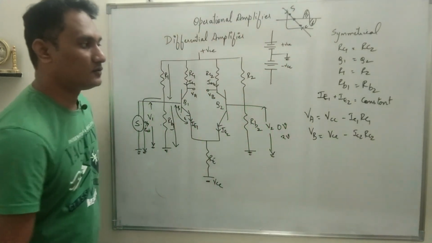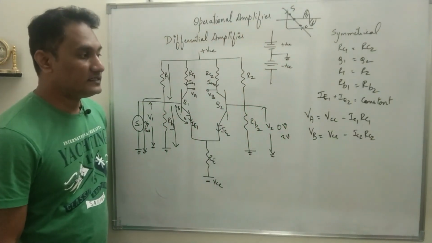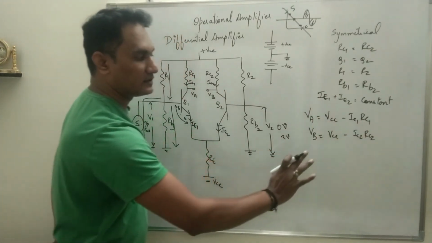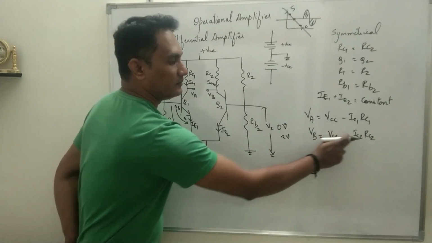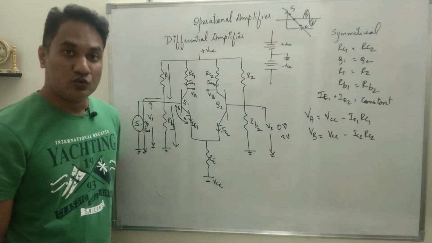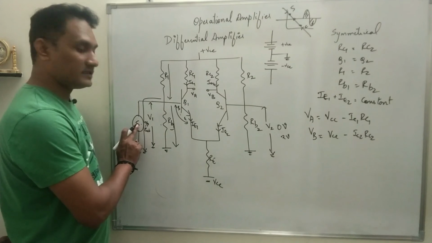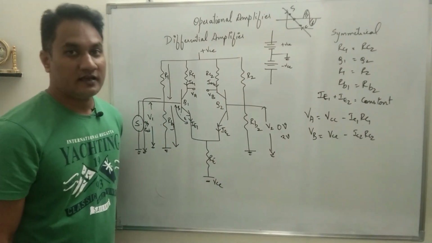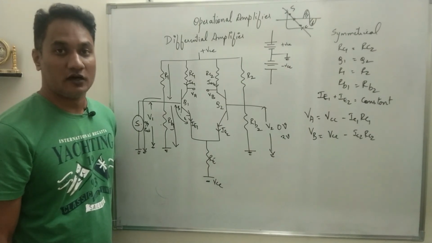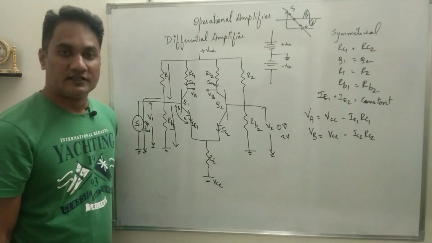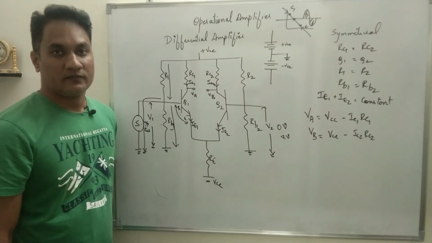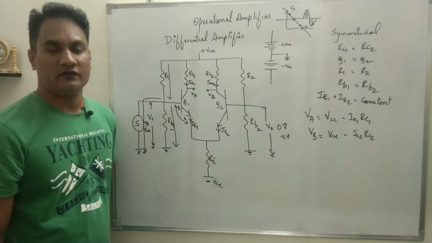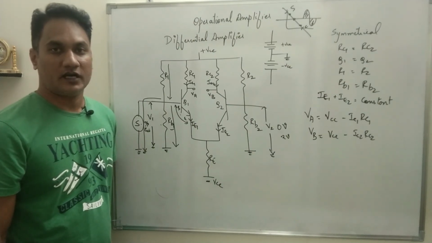In both equations, VCC, RC1 and RC2 are constant, so VA depends upon IC1 and VB depends upon IC2. When you apply an input signal, the variation will produce two different outputs at VA and VB. So that is the working of the differential amplifier. This is the construction part and the advantage of the differential amplifier. I hope you have understood.